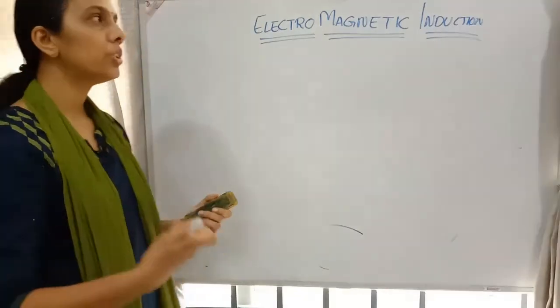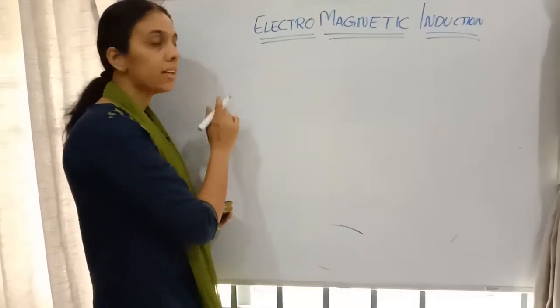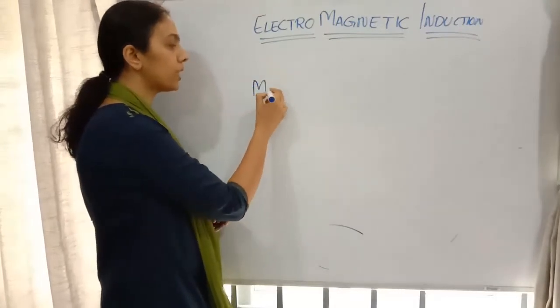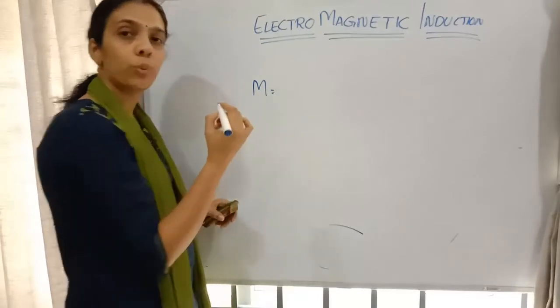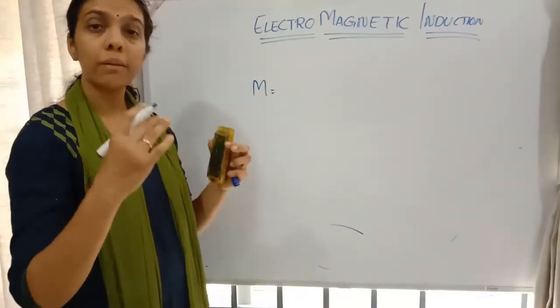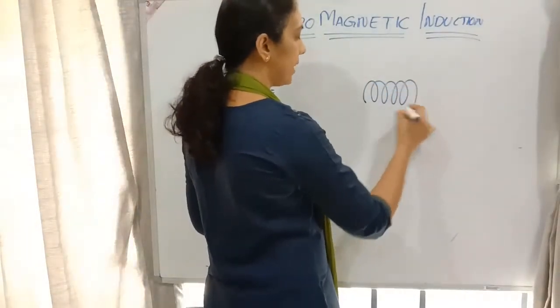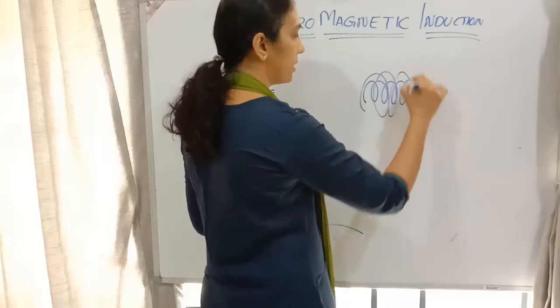Okay, and mutual induction of two coaxial solenoids. That derivation is there. That formula I am writing down over here. Mutual induction between two coaxial solenoids. That means same axis. The solenoids, the axis is same. See, one over the other like this.